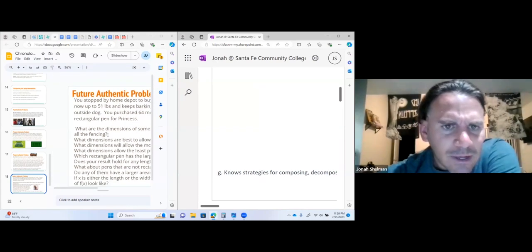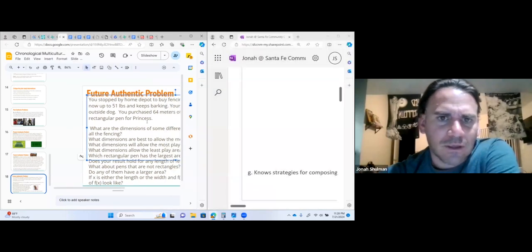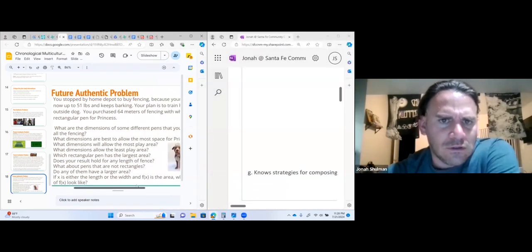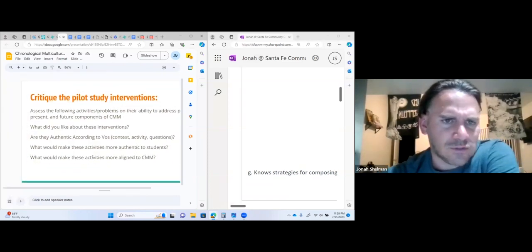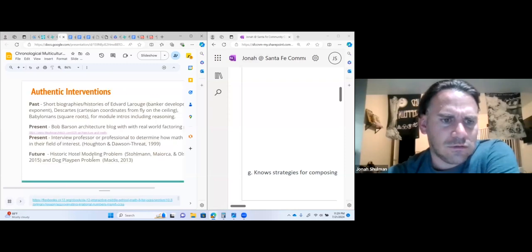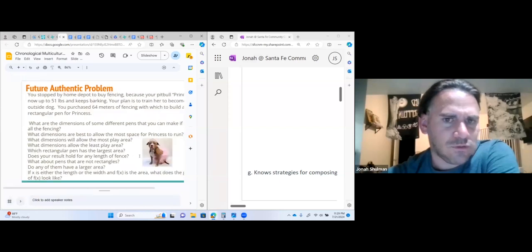So we stopped by Home Depot to buy fencing. This is a really common problem. This dog one's been all over the place. How do I zoom out? How do I get rid of this on the side? Nice. Cool.